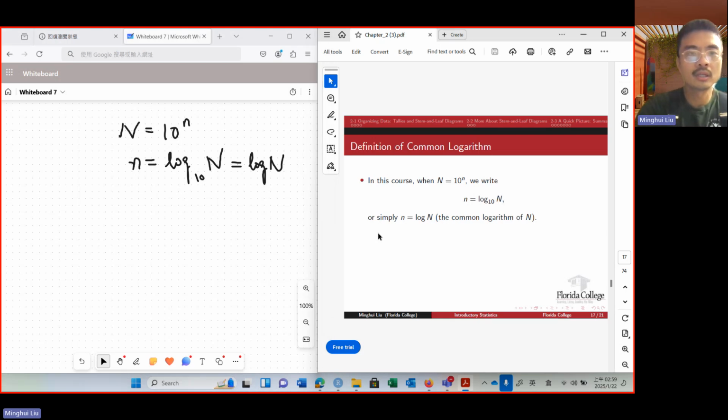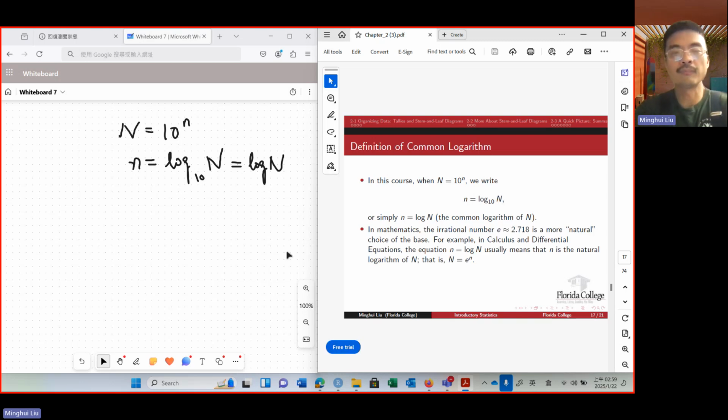But this is not the only default value people use. In fact, there's another extremely important constant in mathematics called e that we also use as the base in a lot of cases. The value of e is approximately 2.71828. Why we use this mysterious number is beyond the scope of this course.